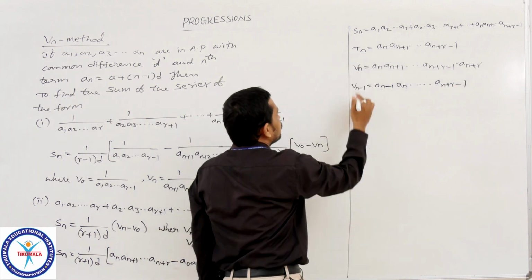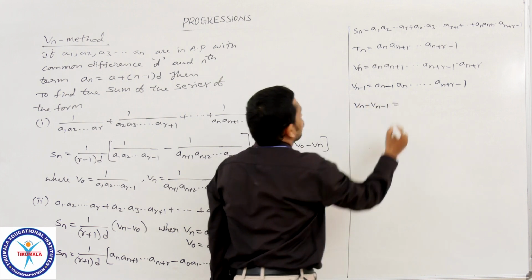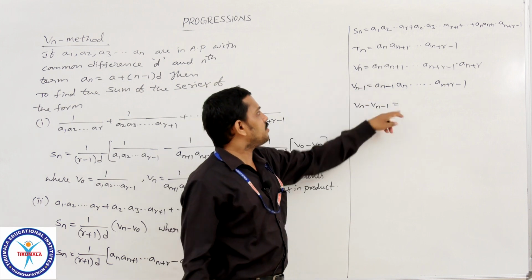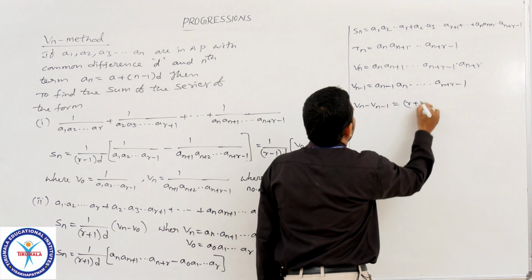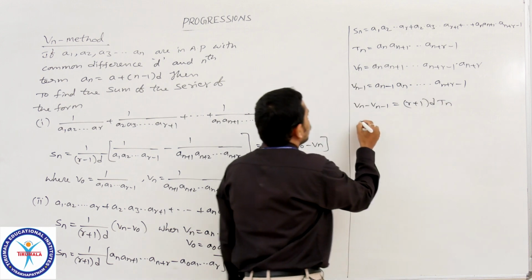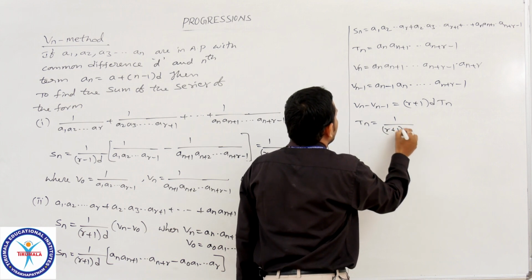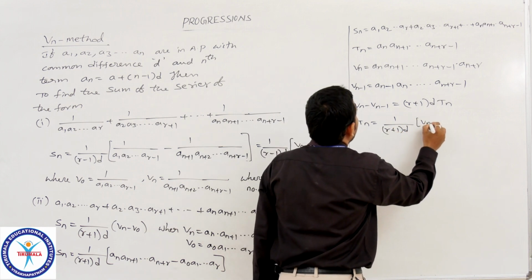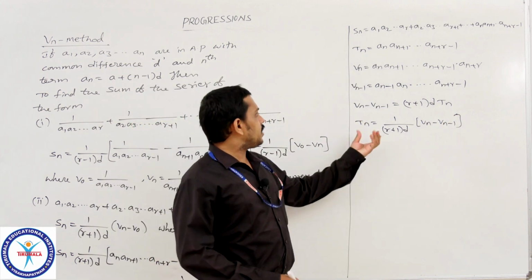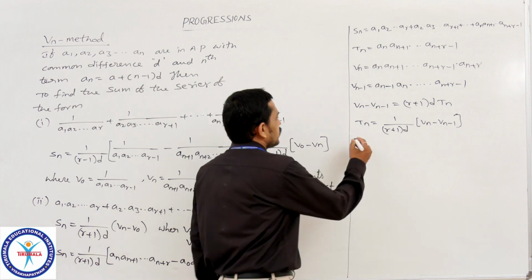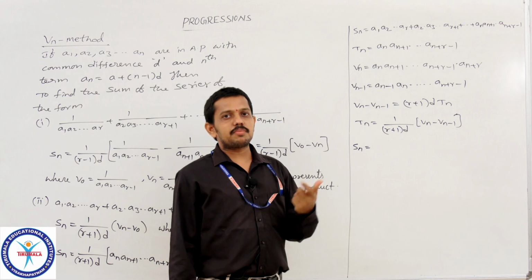Now by taking the difference between Vn and Vn minus 1, we will get r plus 1 into d into Tn. So we get the nth term is equal to 1 by (r plus 1) into d into (Vn minus Vn minus 1). Now to find the sum to n terms, Sn is equal to sigma Tn, the nth term, if we know the nth term of the series.